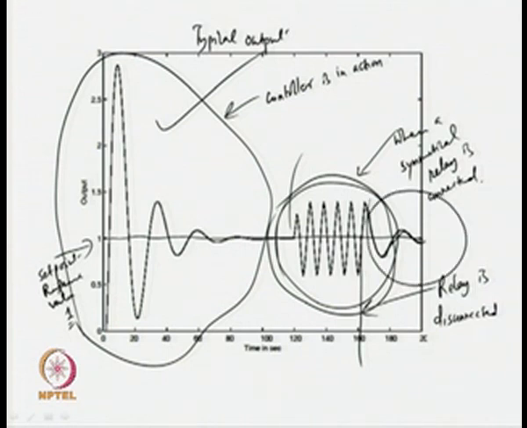This type of typical waveform shows that it is possible to estimate the dynamics of the plant or process based on the measurements made on this sustained oscillatory output known as limit cycle output.